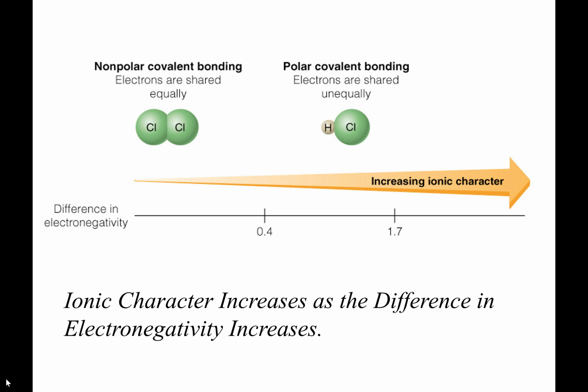Chlorine is more electronegative though, so to show that more electrons are over here even though they're not transferred, we use a lowercase delta, which looks like an S with a fancy tail. That means partially. We say partially negative, and this hydrogen is going to be partially positive.